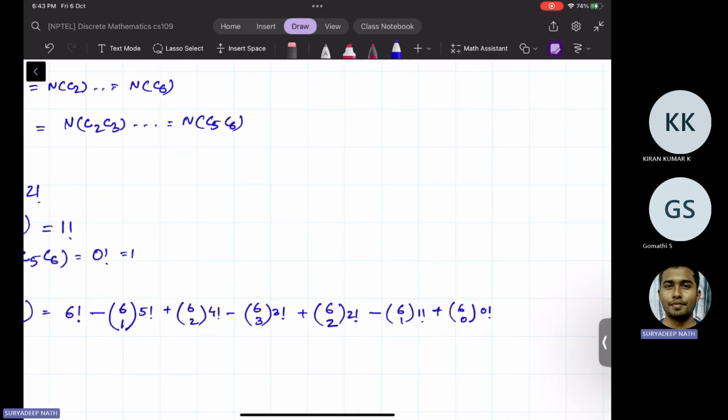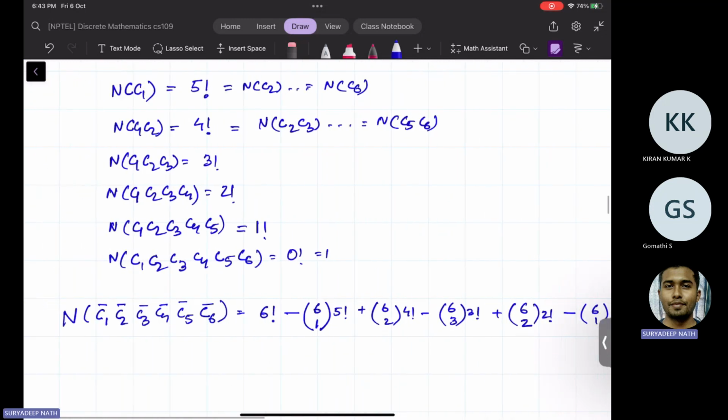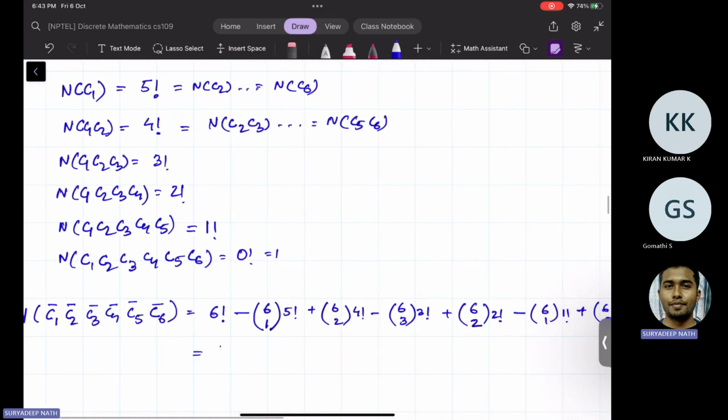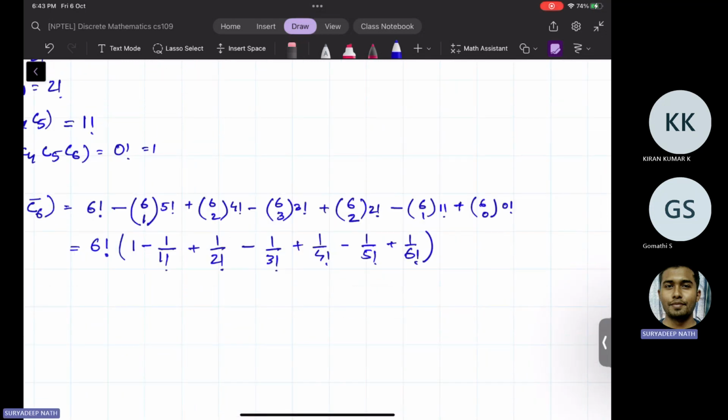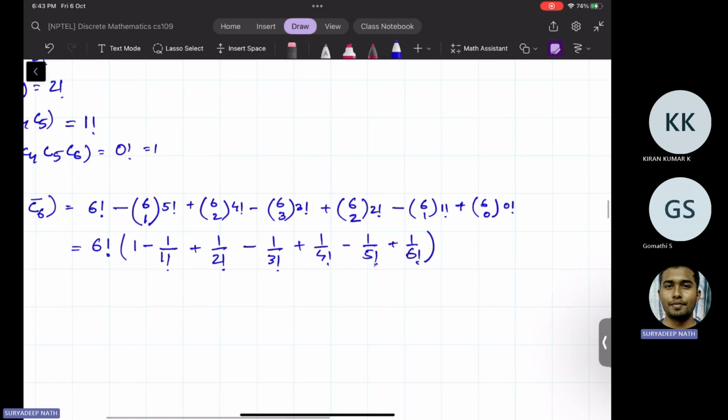So this is the derangement number. It is basically 6 factorial times 1 minus 1 by 1 factorial plus 1 by 2 factorial minus 1 by 3 factorial plus 1 by 4 factorial minus 1 by 5 factorial plus 1 by 6 factorial. This term in the bracket is a truncated term of the series for 1 by e.